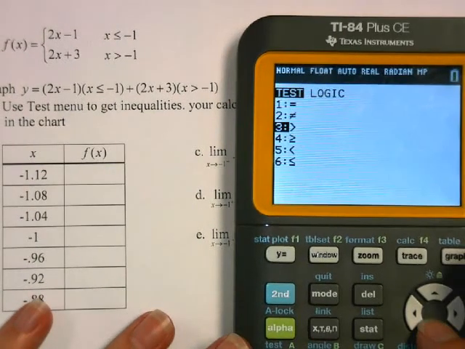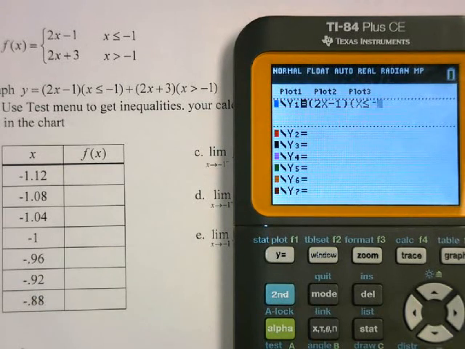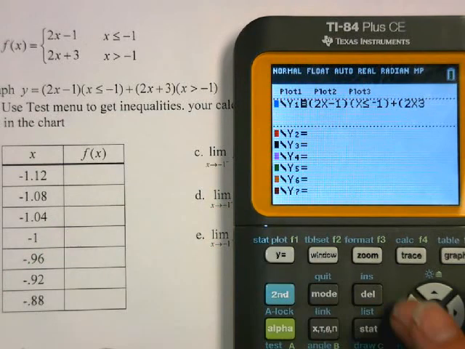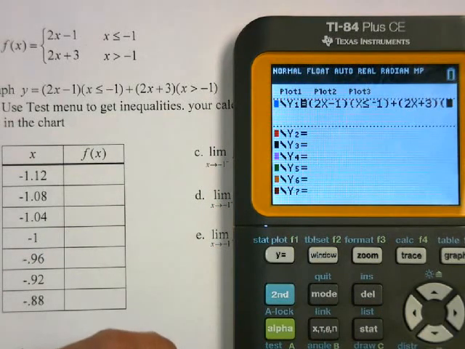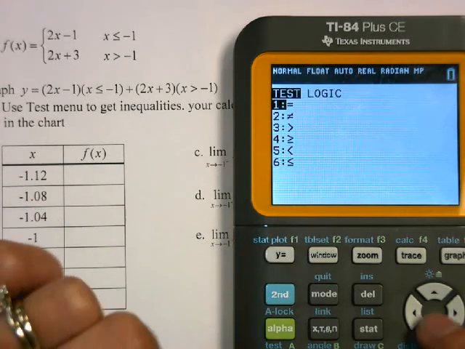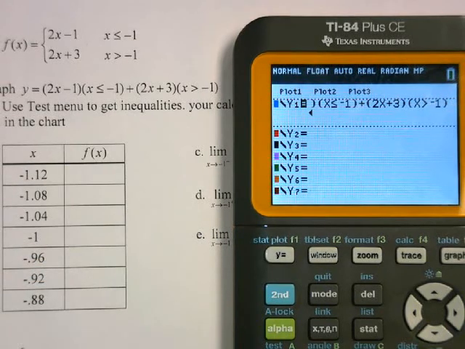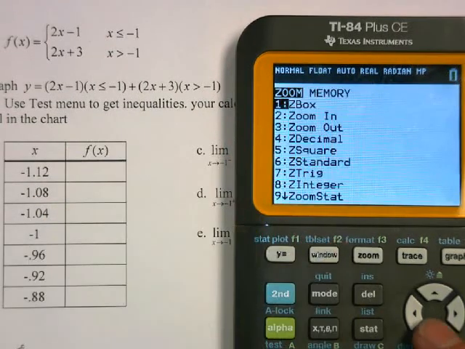We want less than or equal to negative 1, close, plus 2x plus 3 when x is greater than negative 1. I'm going to do a zoom standard.